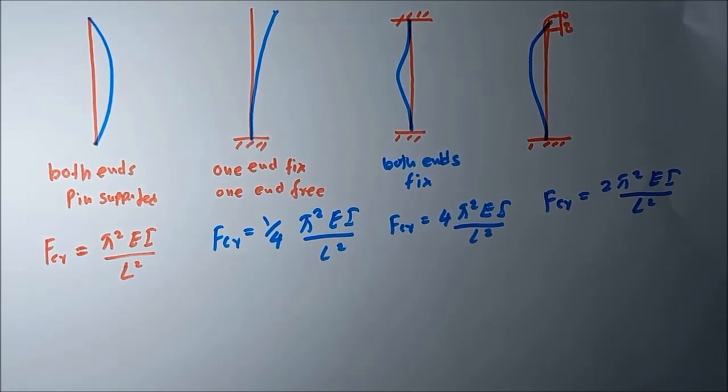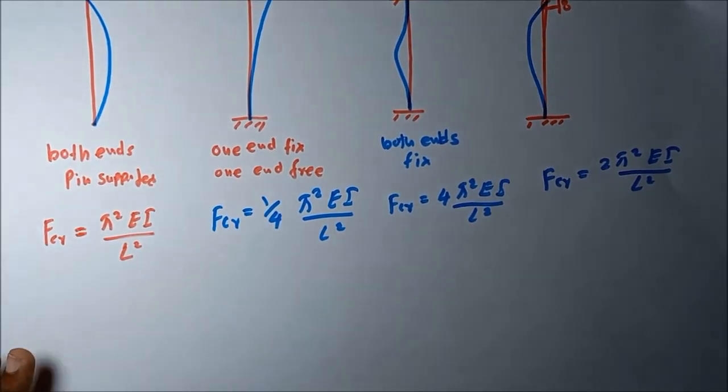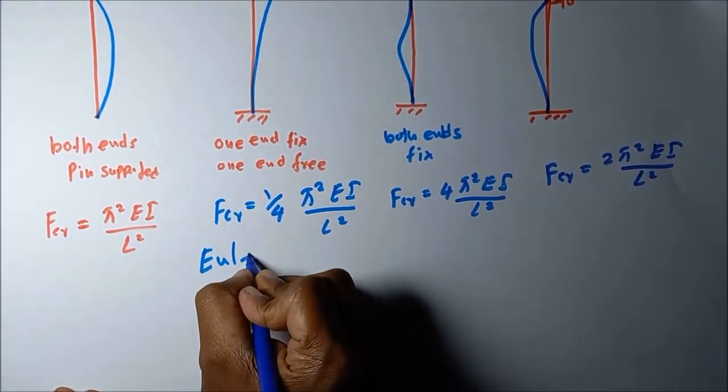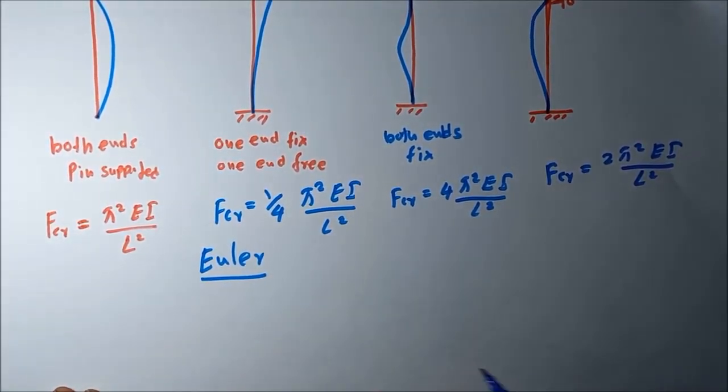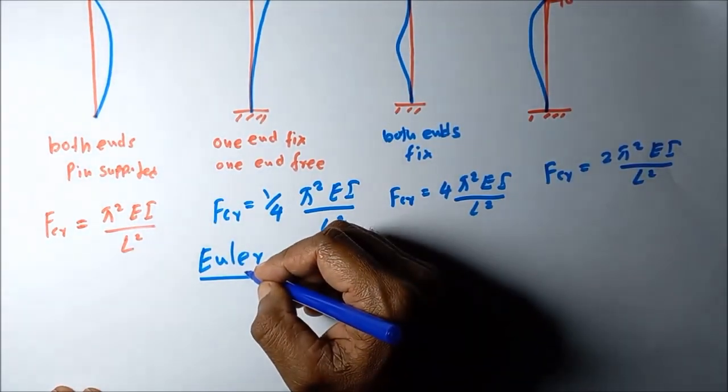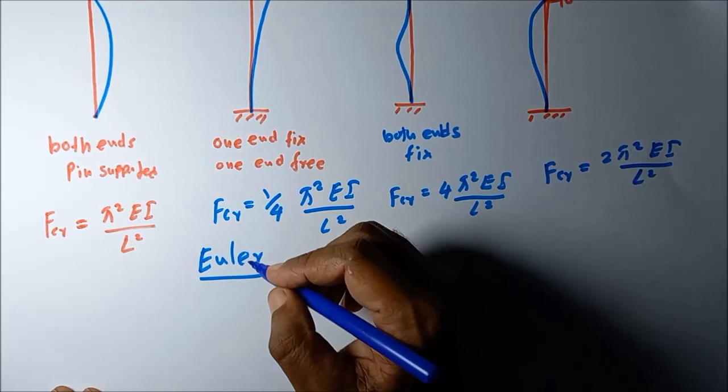Then the person who invented this theory and equation was called Euler, around 1750.